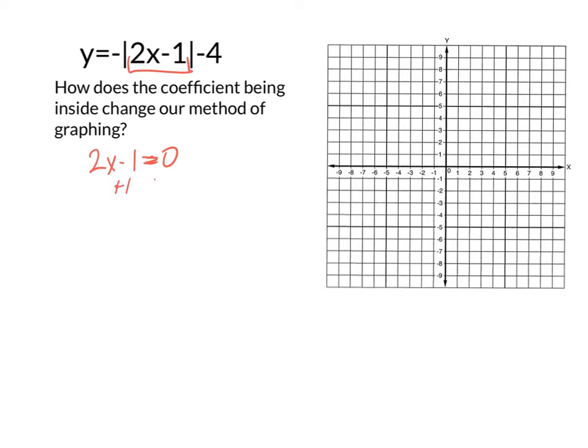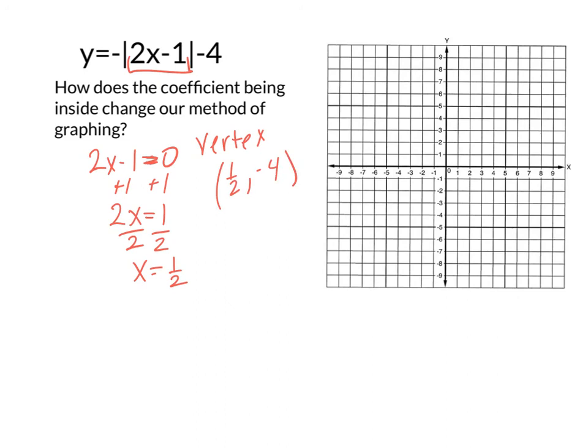So we're going to add 1. And we would want it to be at 1 if the 2 was on the outside. And what it's done is it's moved it to 1/2.